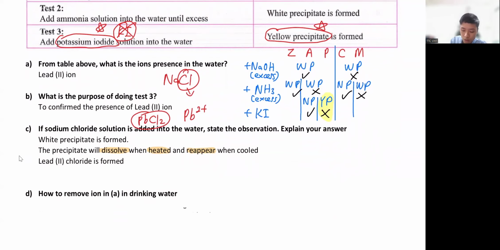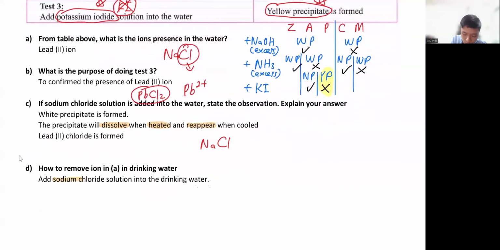How to remove? This one very simple. So let's say NaCl. Let's ask, how do I remove lead ion in drinking water? Very simple. The reason I add sodium chloride is because sodium chloride reacts with another soluble salt, right?